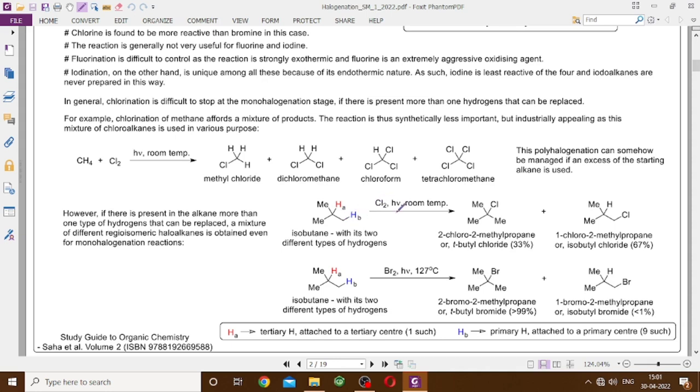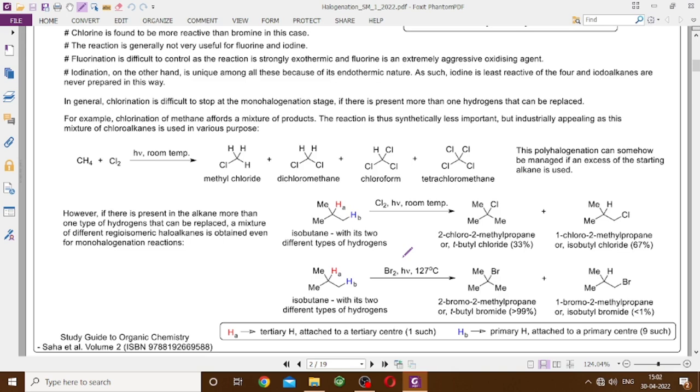And if you treat this with chlorine under photochemical condition, you get two products. Replacement of the red hydrogen will give you tertiary butyl chloride. Blue hydrogen replacement will lead to formation of isobutyl chloride. Make sure you understand the tertiary butyl and isobutyl grouping, the connectivity. The same thing will happen with bromine.